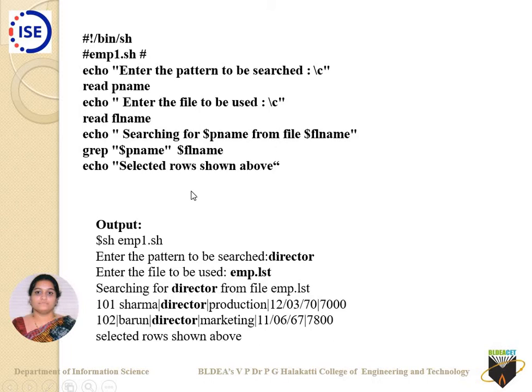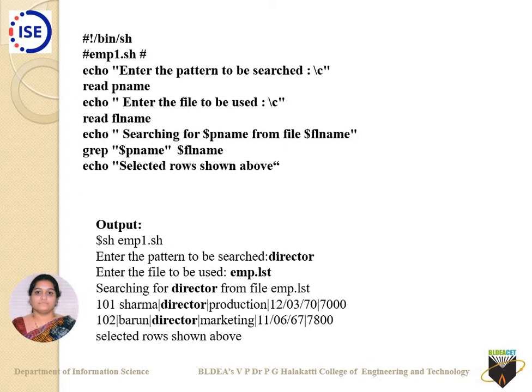This is just a simple example which searches for a pattern name from a particular file name. I'll give you a small assignment at this point. You can now write a shell script which reads the pattern name and the file name individually, and I want the count of that particular pattern name in the file.